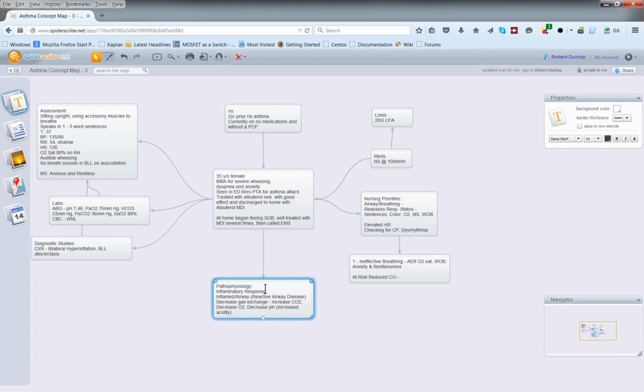And actually, I have this arrow backwards because really the patho is what leads to her situation. And what's going on here? So it's because of this that she's experiencing her labs, and also in part playing a role in her.